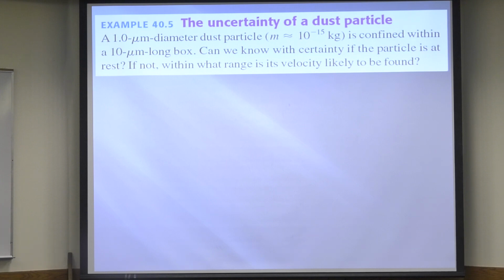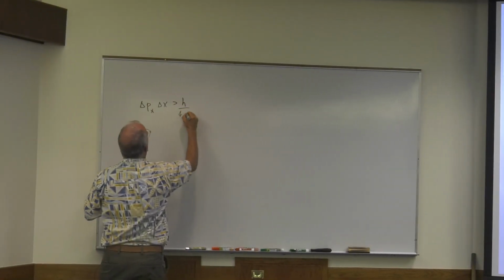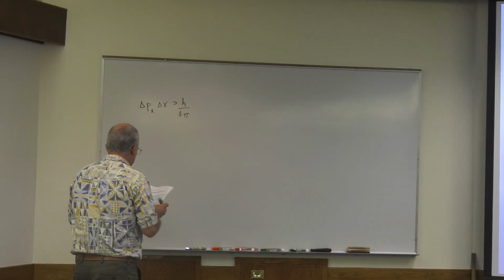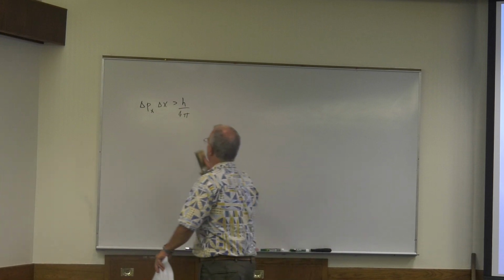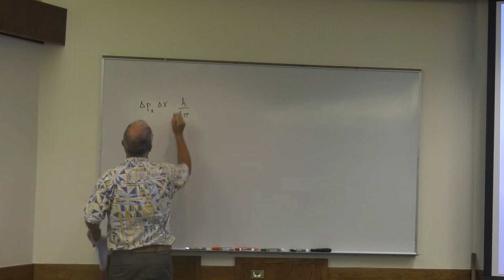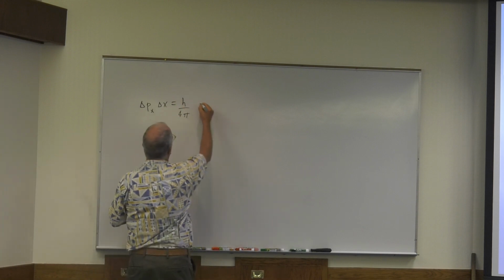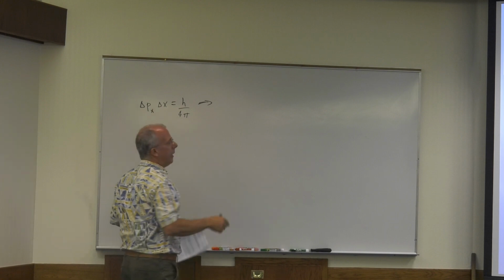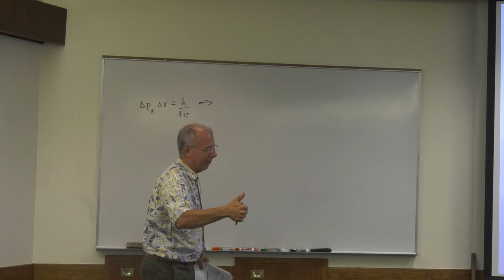Okay, so here we go. Delta px delta x is greater than h over 4 pi. Now let's just say equals, because we want to get the minimum. So therefore, what's delta p? It's m delta v. We're assuming the mass is certain.